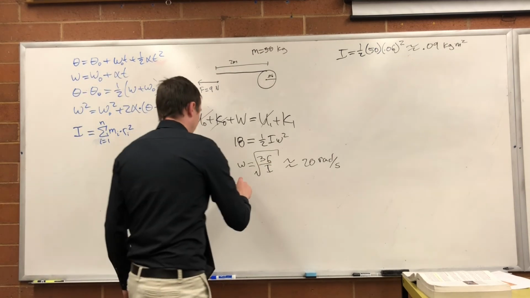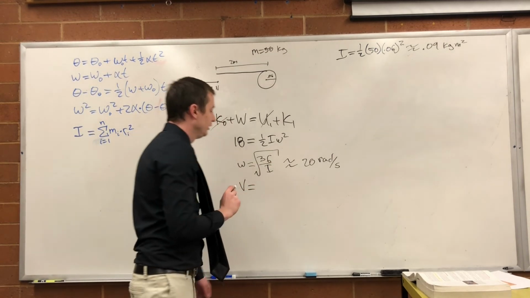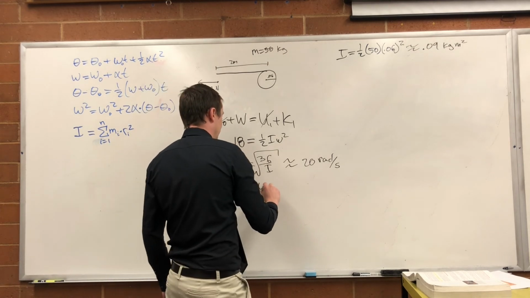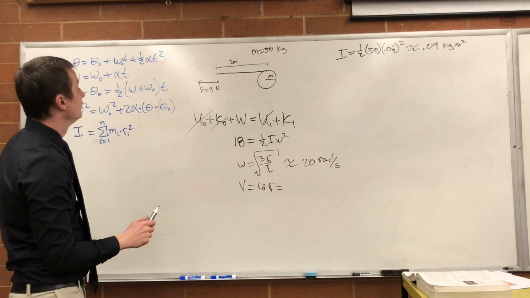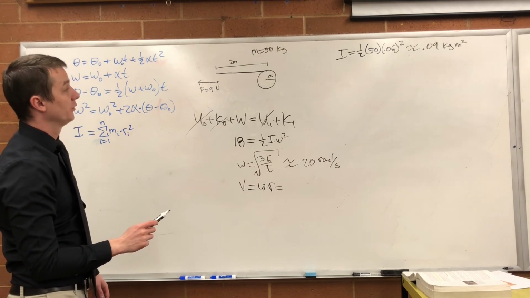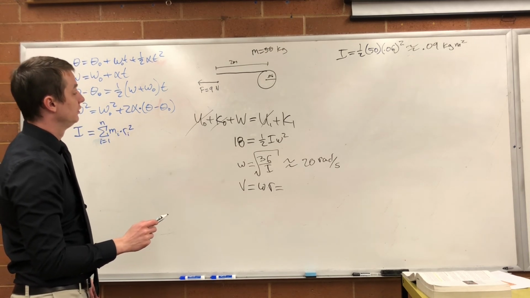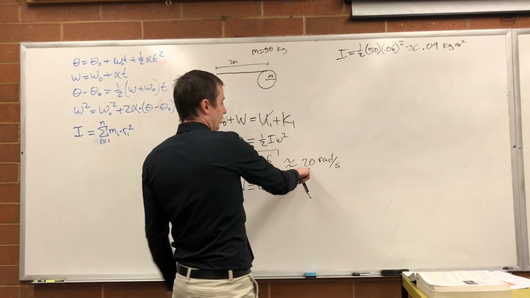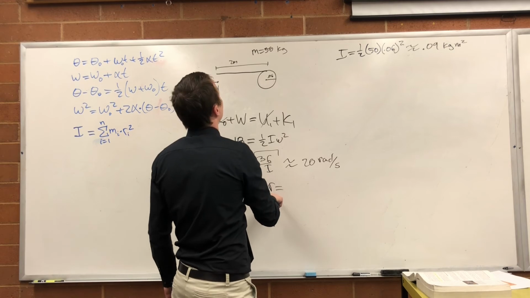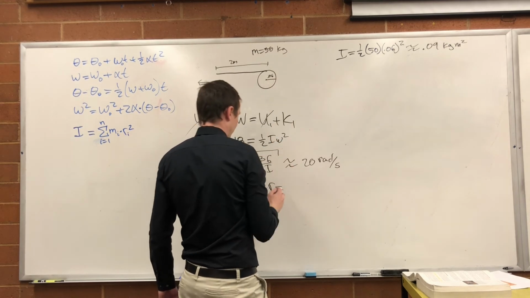Now we need the velocity. What's the velocity? It's just omega times r. I don't remember where we wrote our omega. Our omega's right there, 20 radians per second. So 20 times r, which is 0.06, so what do we have, 0.12?